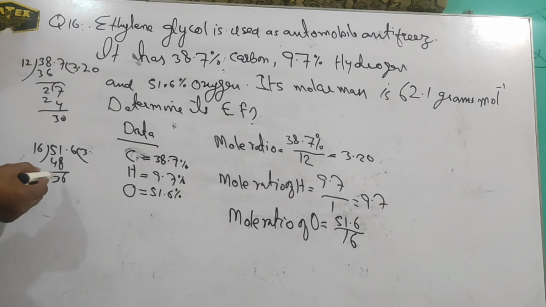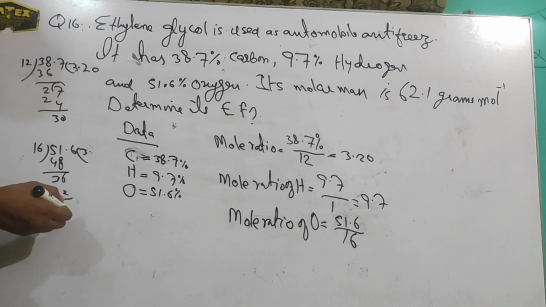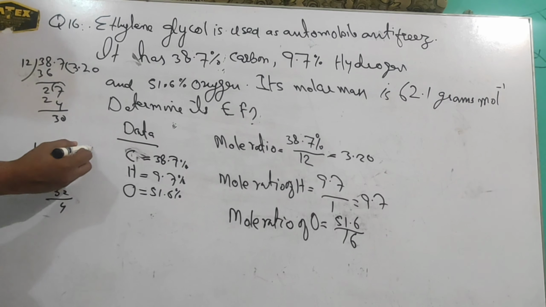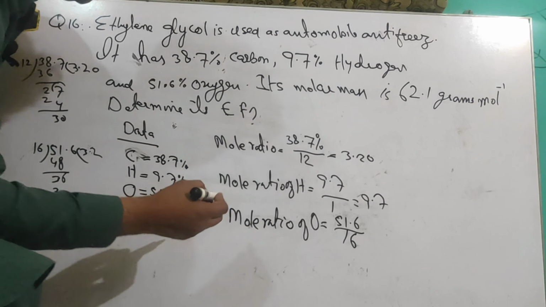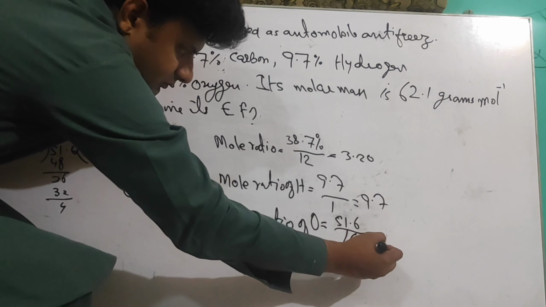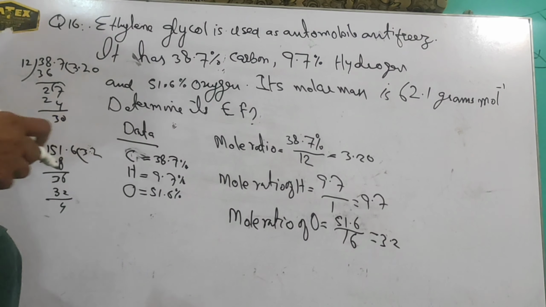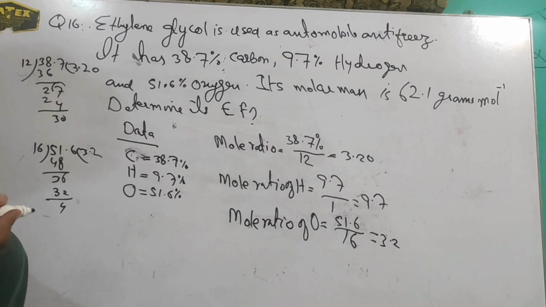There is 36, and now we divide this by 16, 2 times is 32, and that is also equal to 3.2. So now this is the mole ratio.